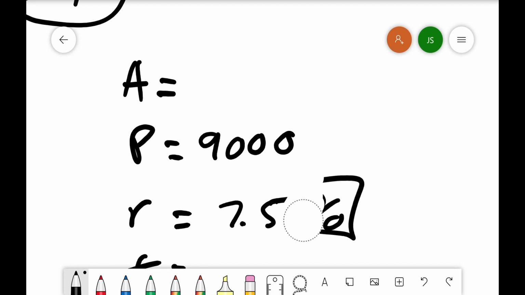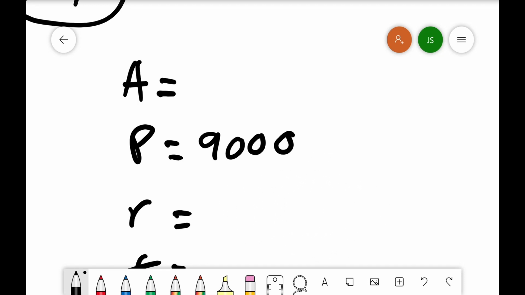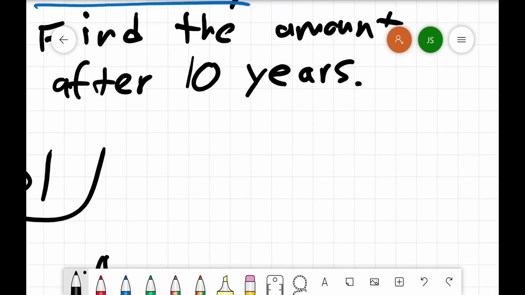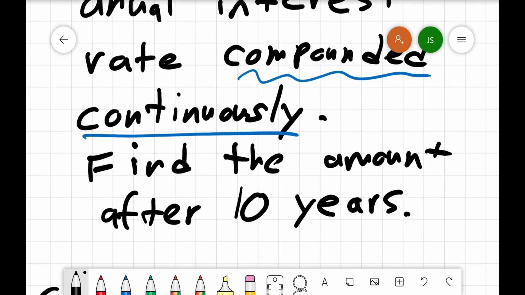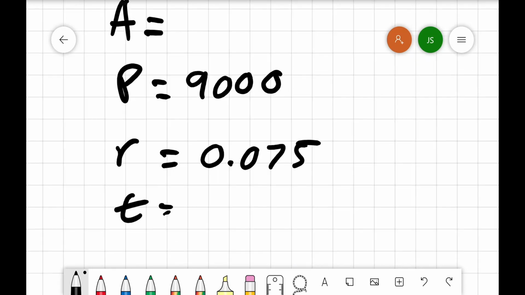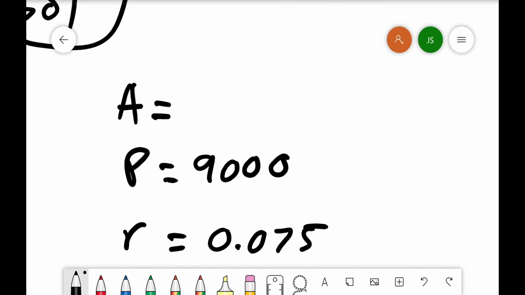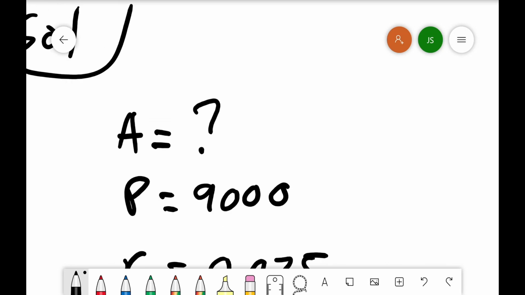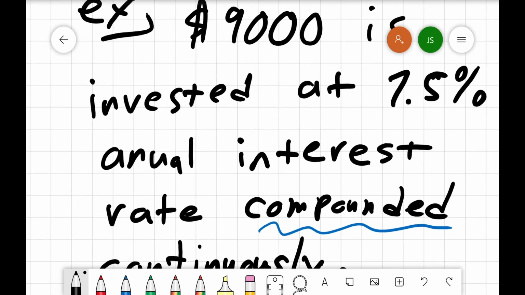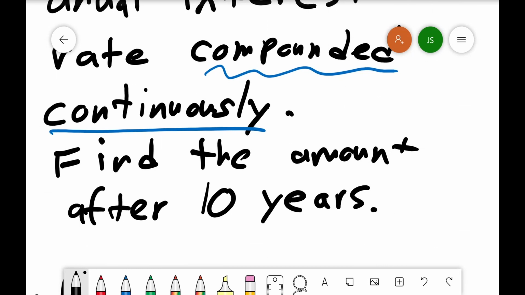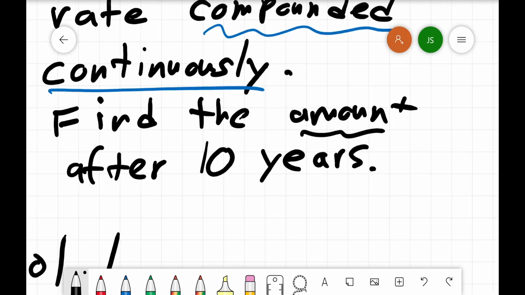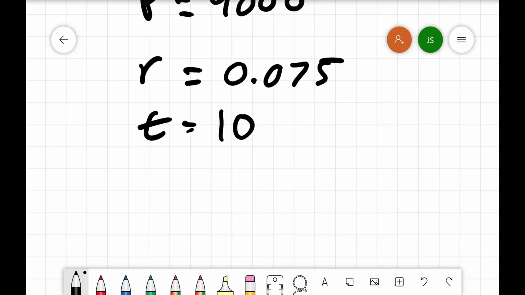They like the 0 to 1 version. So 0.075. And then after 10 years, well, t is years, so t would be 10. And the last one left over, hopefully that's the question. Find the amount. So yeah, we'll leave A for the question.